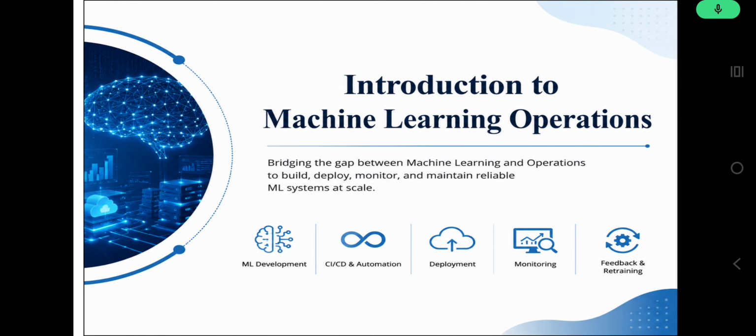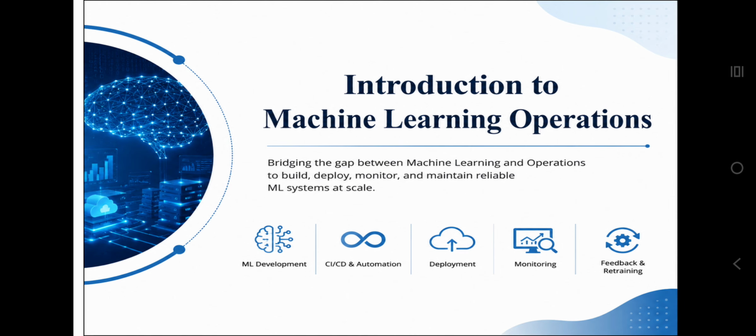As I promised you, I'm starting a video lecture series on the subject called Machine Learning Operations. This subject will help us understand the difference between developing a model in machine learning and the way you train it and update the model, right?